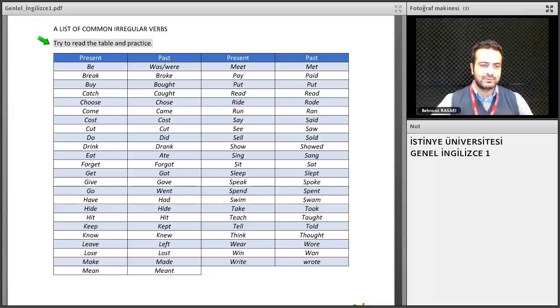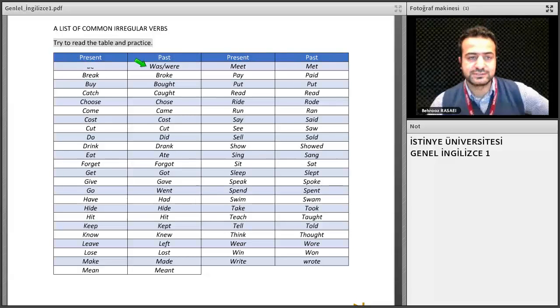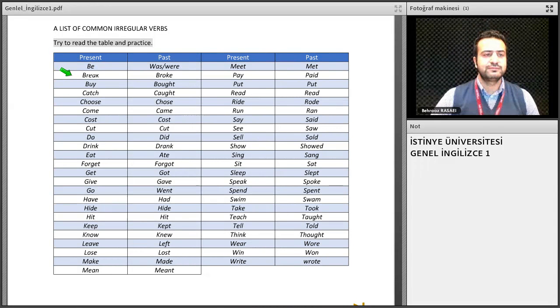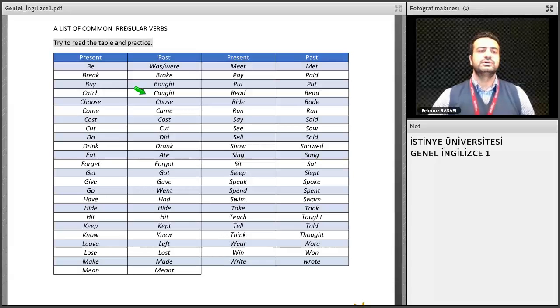Let's go to the vocabulary part. A list of common irregular verbs. Try to read the table, practice, and memorize them. Look, for example, for the present, we have be, and was and were. Break, broke. Buy, bought. Catch, caught. So don't forget, they are the past form of the verbs.